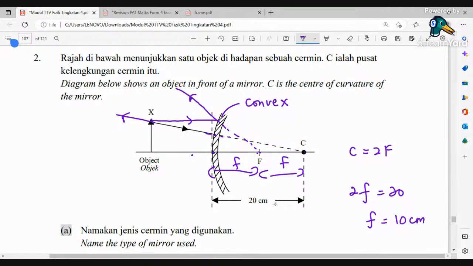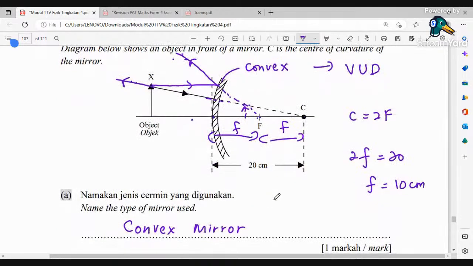So you nampak in front of the mirror, we put a screen. So you can see the two reflected rays will never meet here. Means there's no real image. Okay, extend to the back. You can see the light ray meet here. So means this is position of image. So image dia ialah virtual upright diminish. Jadi convex virtual upright diminish.